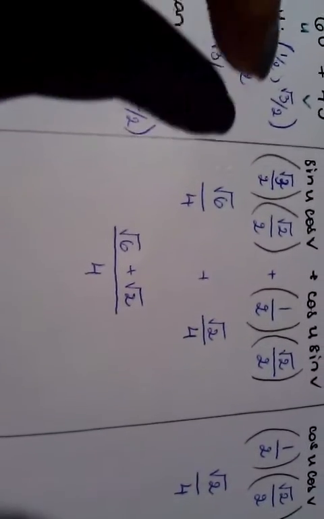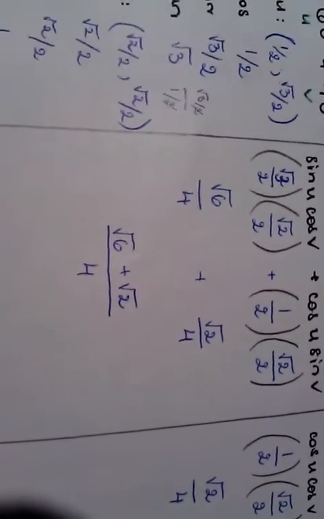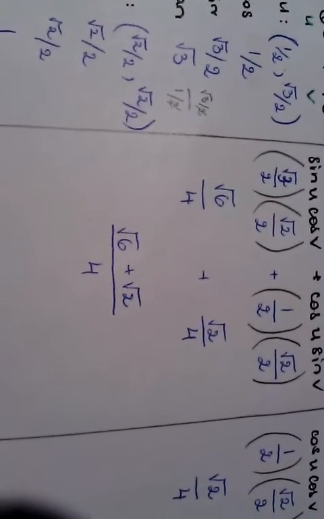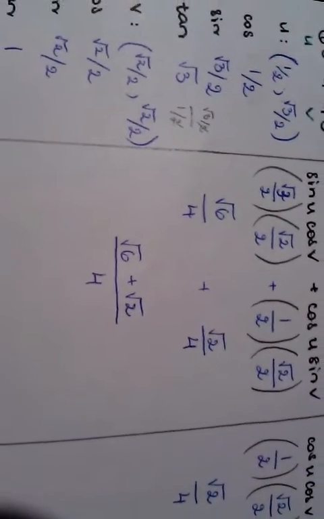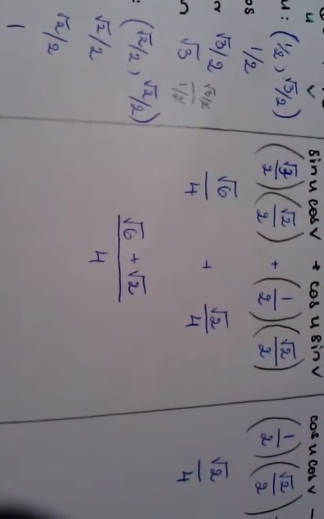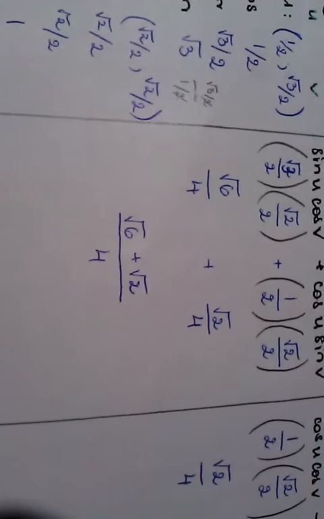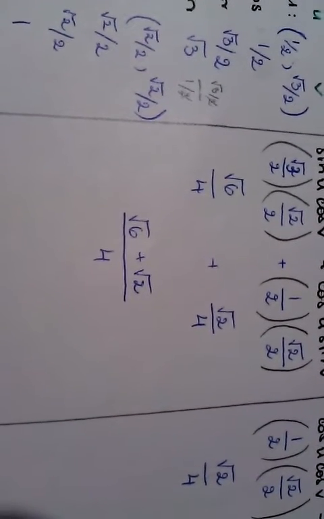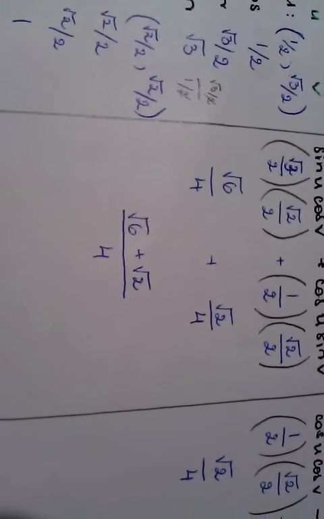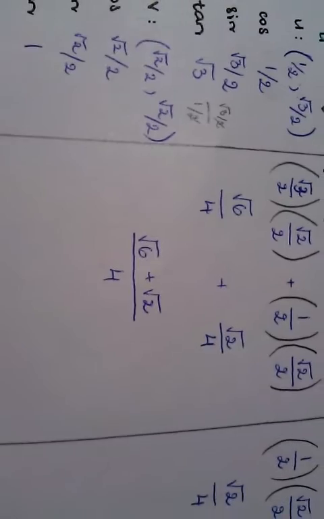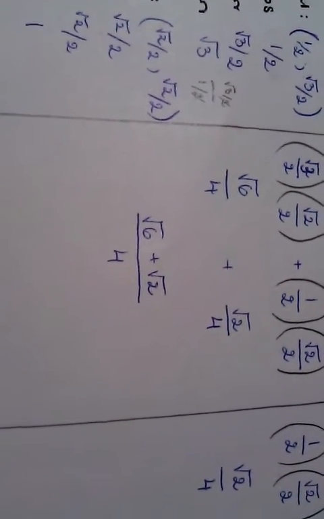So we get radical 3 over 2 times radical 2 over 2, which makes radical 6 over 4. Then 1 times radical 2 makes radical 2, and 2 times 2 makes 4. So we get radical 6 over 4 plus radical 2 over 4, which gives us radical 6 plus radical 2 all over 4.